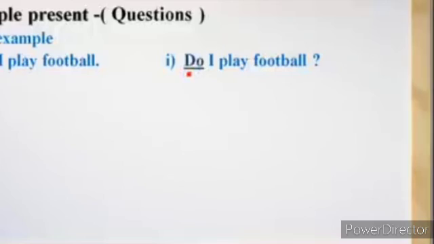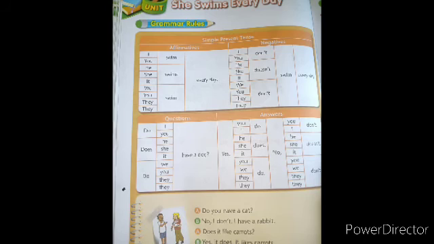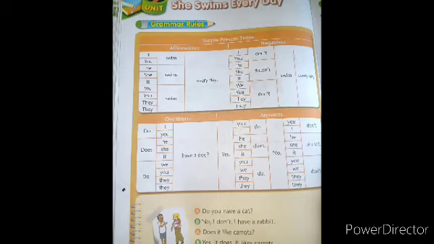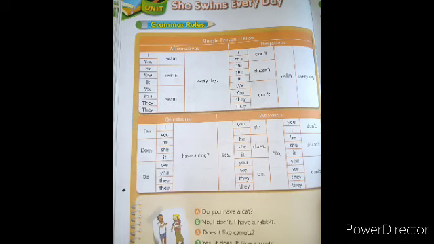So children, I hope you have understood this, but now you will see in your book. So see here, simple present tense chart. It is given in your book. This side is affirmative, that side is negative. Affirmative means positive sentence, and that side is negative.